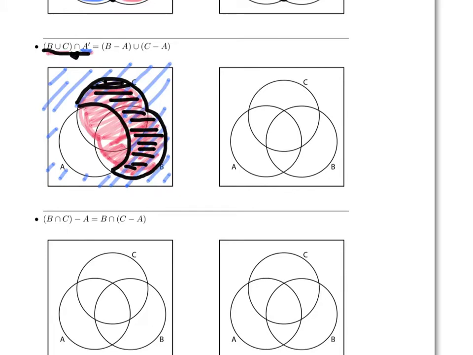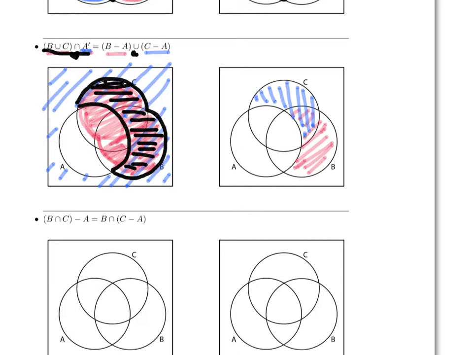Now on the right-hand side, we have B minus A, which is an easy thing to shade. That's everything that's in B that's not in A. And then in blue, we'll have C minus A. So that's everything in C that's not in A. And then we're using the union symbol here.